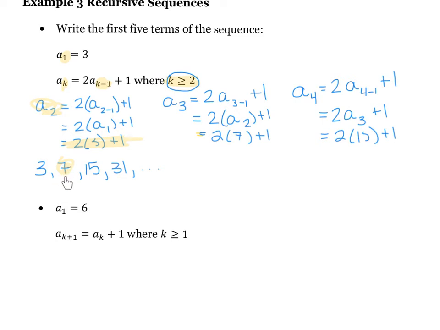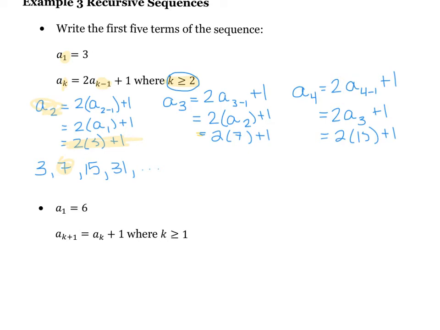So that's what gave me 7. Now to find the third term, I had to use the second term, which was 7. So 2 times 7 plus 1. And then to find the fourth term, I had to plug 4 in for k, and that told me to use the third term. Third term was 15. So 2 times 15 is 30, plus 1 is 31.